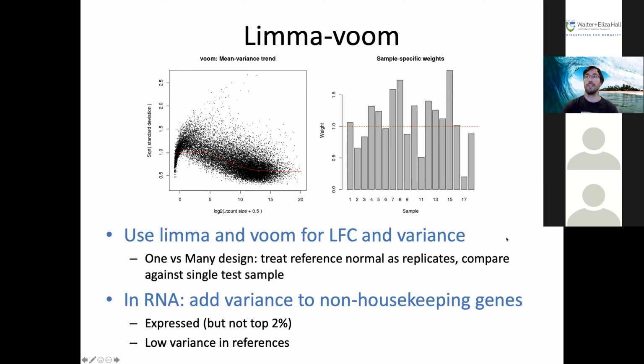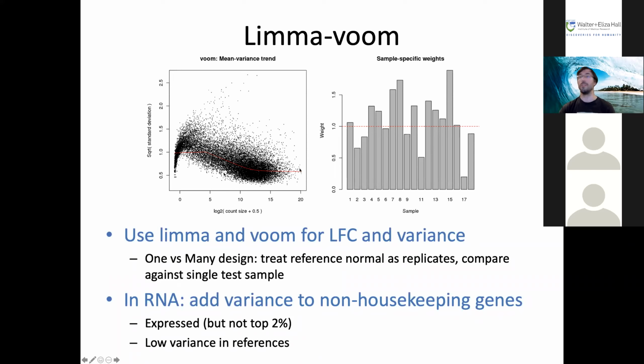However, this isn't quite enough for the copy number alterations, and on top of this, we also want to extract the housekeeping genes. And housekeeping genes are expressed genes, so essentially it's the bulk here, but we cut out the top 2% because you often have very variable genes out in this part.